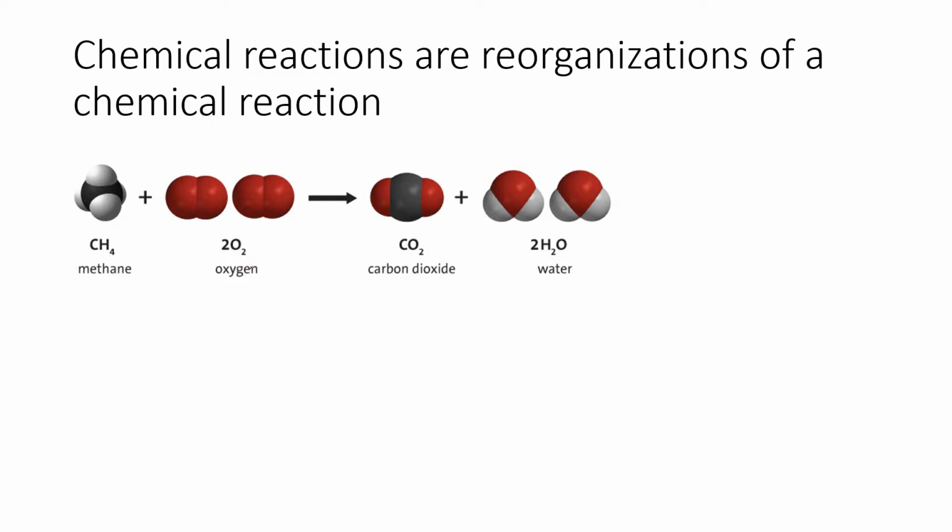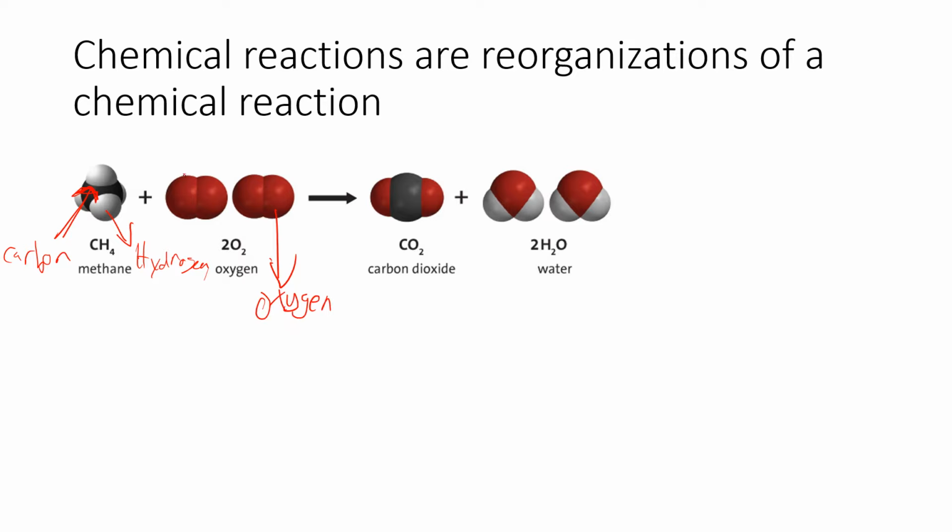And finally, chemical reactions are reorganizations of atoms. I have a picture here of the combustion of methane gas. This black atom represents carbon, and these white atoms represent hydrogen, and these red atoms you can hypothesize represent oxygen.